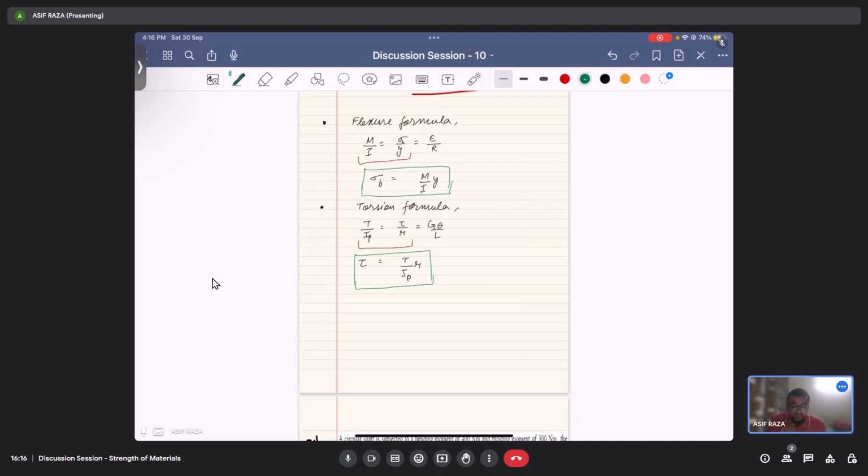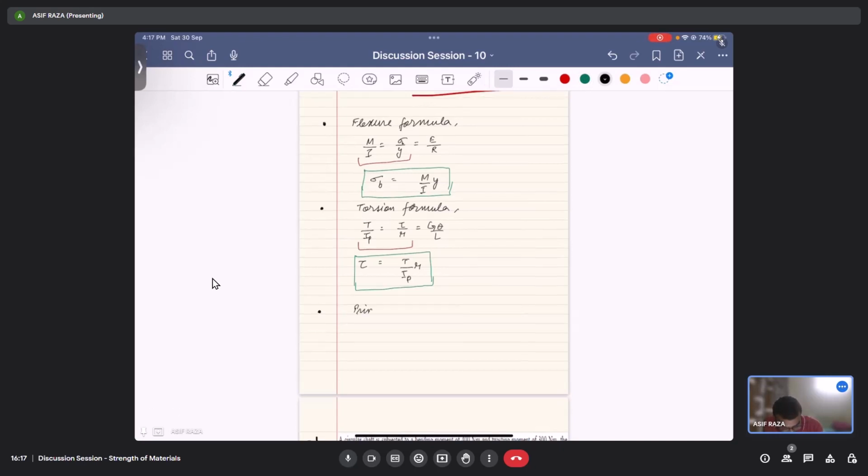Now, if they are acting simultaneously in a system, if you remember the equivalent stresses, to find the equivalent normal and shear stresses, if we are given the stresses in an element, we were able to find the maximum and minimum stresses generated in the system. That was given by the principal stresses.